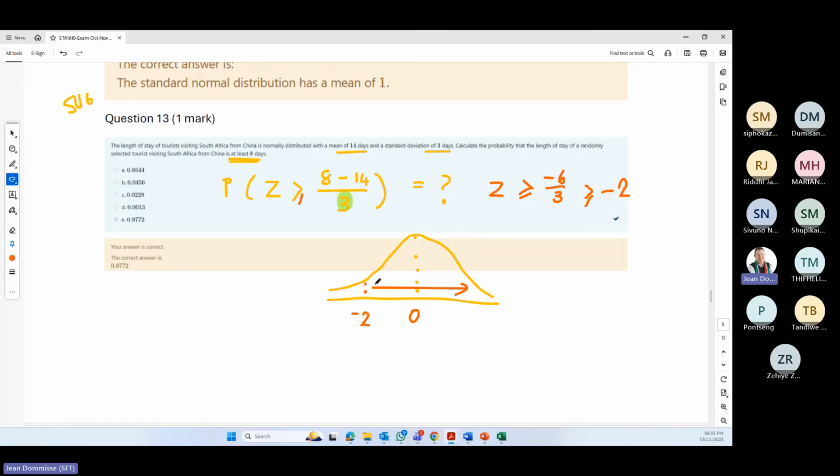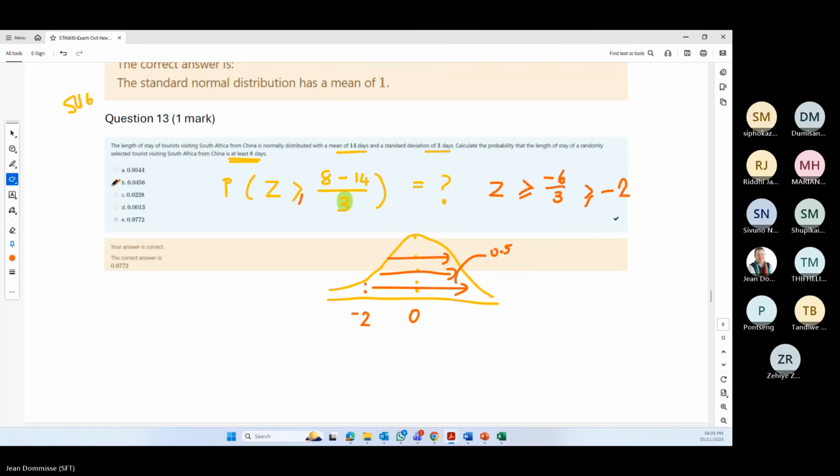Bigger or equal to. And so this already, just by drawing this, we could have said, okay, we know, again, this size is 0.5. So we're adding something to 0.5. So it's going to be bigger than 0.5.